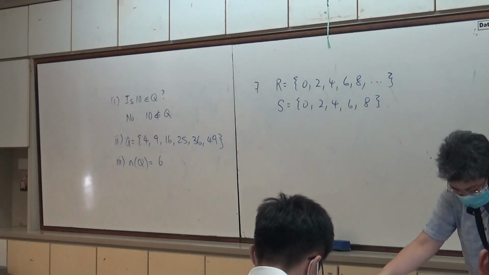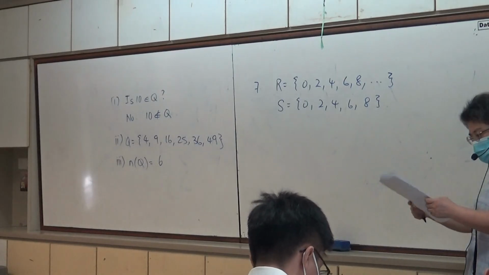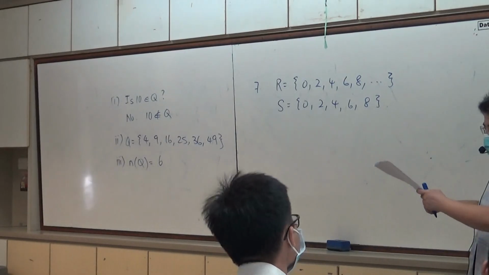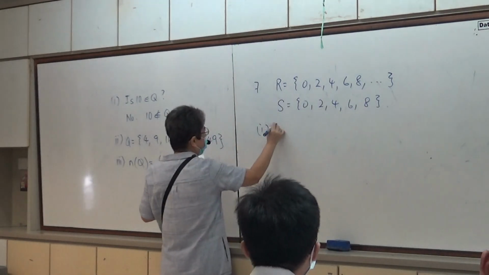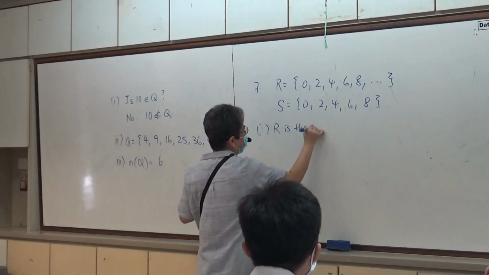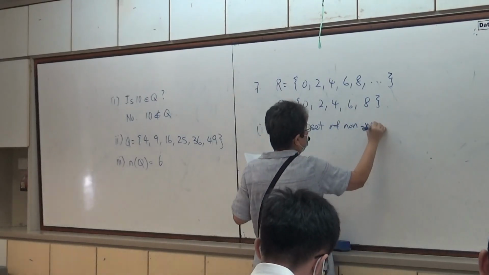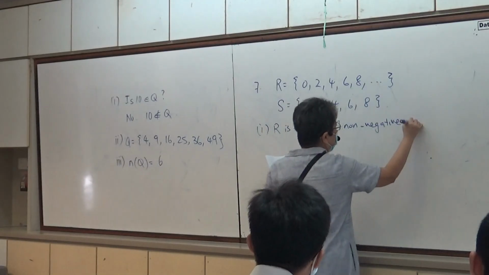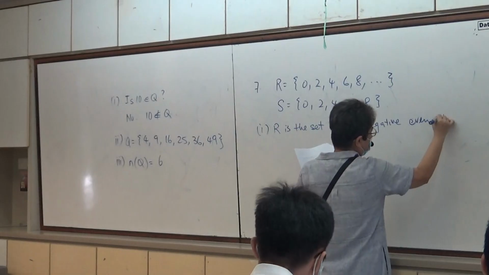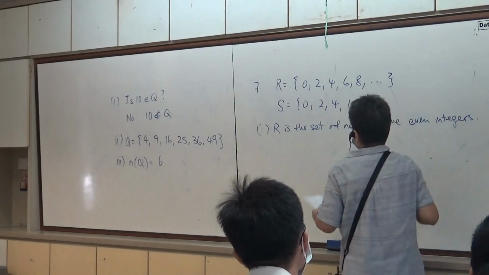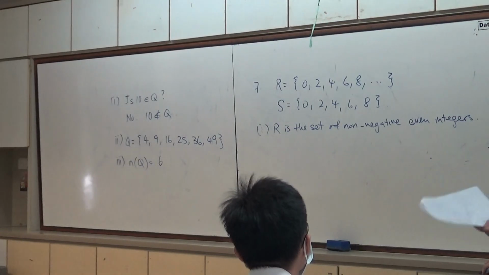Okay, then let's take a look at part 1. Describe set R and set S in words. Now, do you agree that R is the set of non-negative even integers?